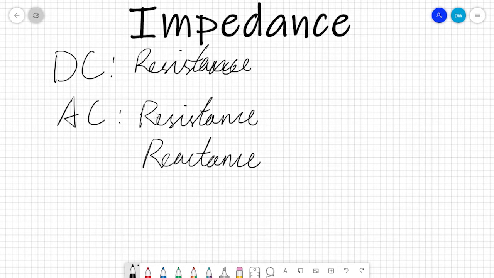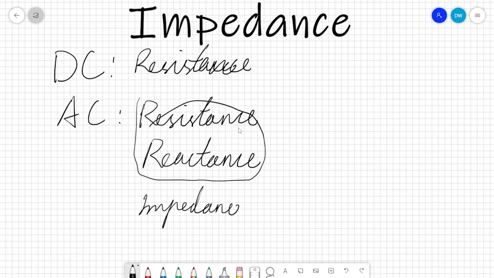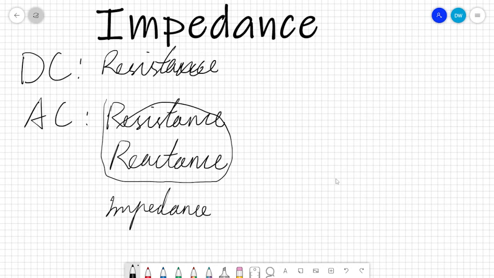And resistance and reactance collectively are called impedance. So reactance is the other source of opposition to current flow inside the AC circuit. It comes from two sources. So the capacitors and inductors.